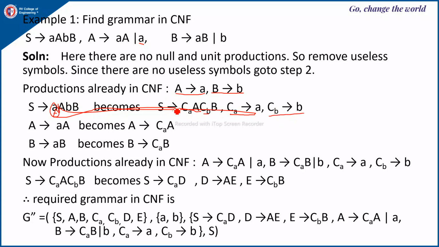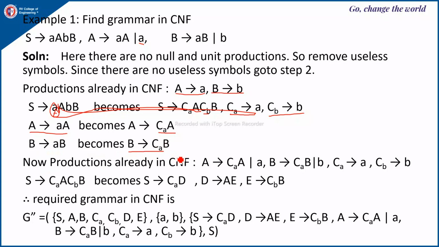I will get S derives CA A CB B. Now the production A derives AA, since I already have CA derives a, I will replace that by CA A. On the RHS of B, again you have AB, so this will be replaced by CA B.